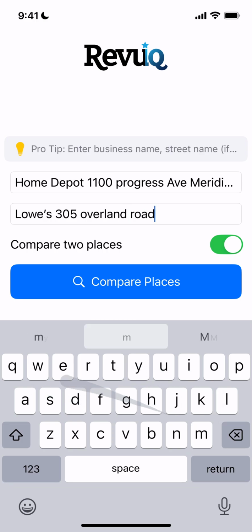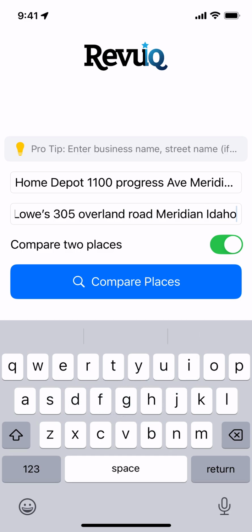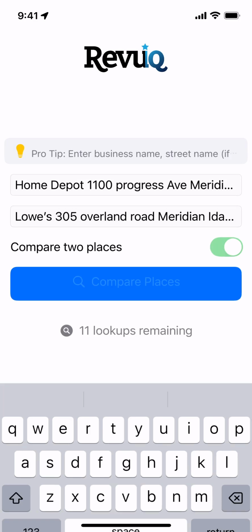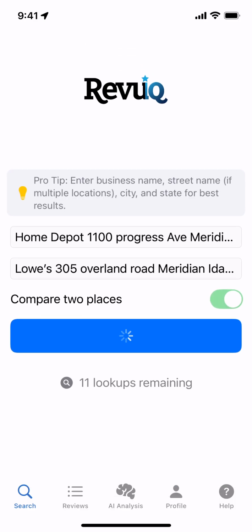And also in Meridian. Okay, so now that we have both of those entered, we hit the compare two places button.